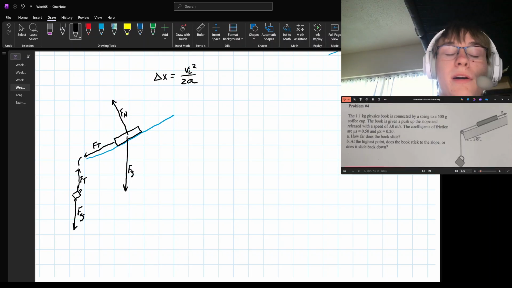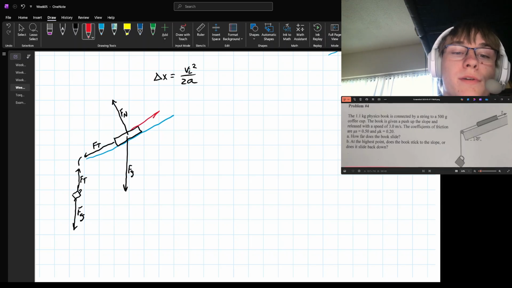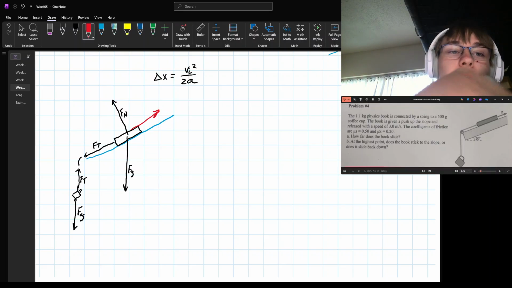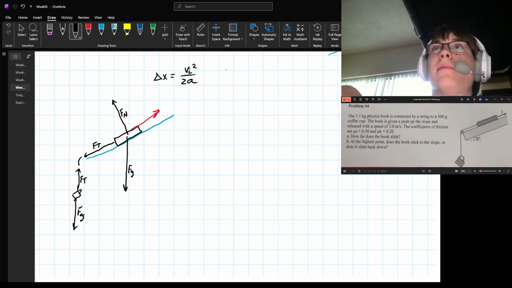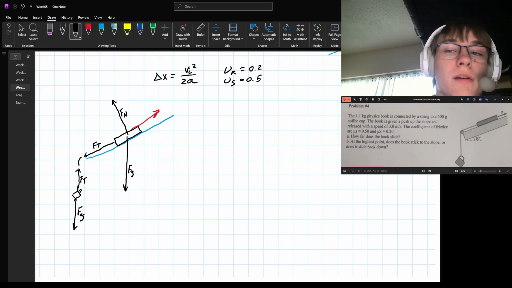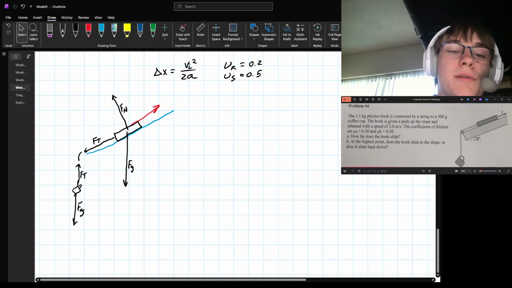When we're starting, the book is moving in this direction. When it's moving upwards, we have motion, so we're starting with kinetic friction. We should write those down real quick. U sub k equals 0.2, U sub s equals 0.5.